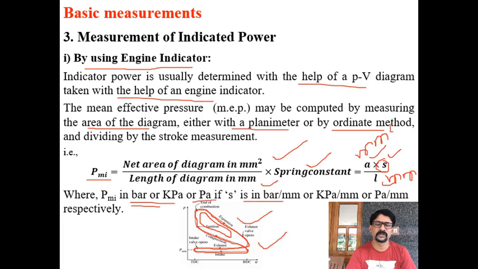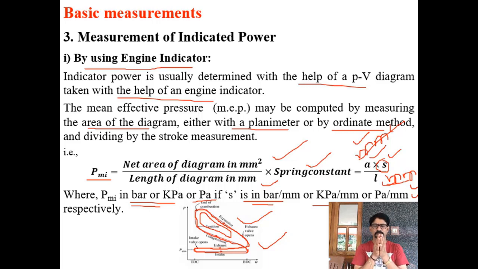Since millimeter comes to the denominator, millimeter into millimeter gets cancelled, so you will get PMI in bar. If S is in kilopascal per millimeter, then you will get PMI in kilopascal. If S is in pascal per millimeter, then you will get mean effective pressure in pascal.